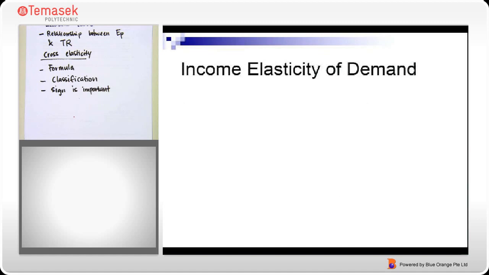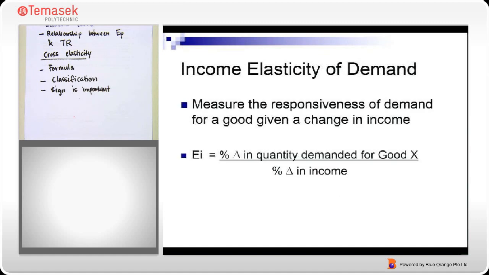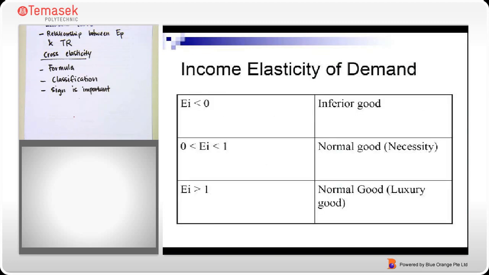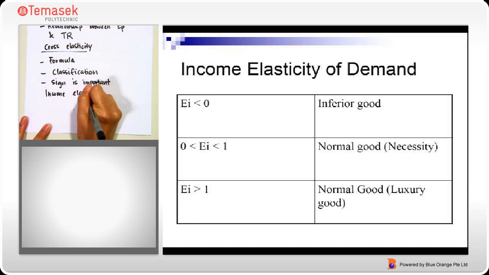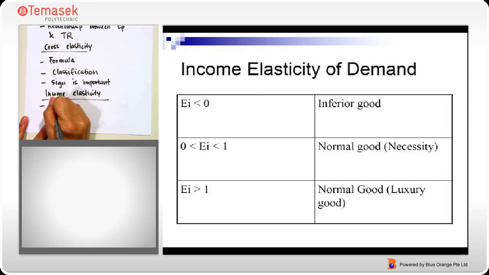Next is income elasticity. So income elasticity measures change in quantity demanded with respect to change in income, percentage change. And again, so for income elasticity, it will be knowing the formula and classification.